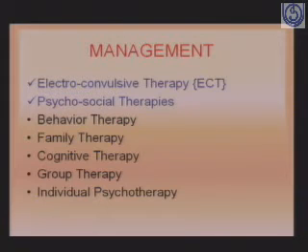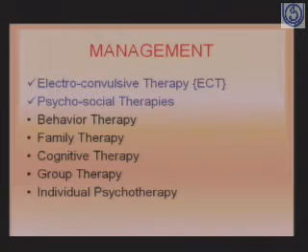For example, behavioral therapy is to modify the behavior. Last year also you must have studied many types of behavioral therapies like token economy and social skill training. Token economy means you are reinforcing the patient positively so that acceptable behavior is repeated.